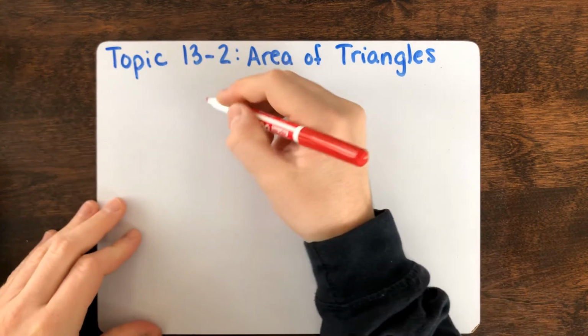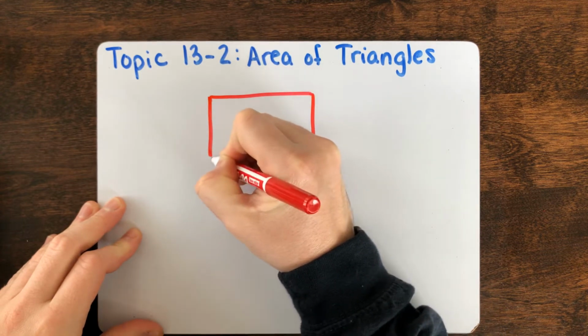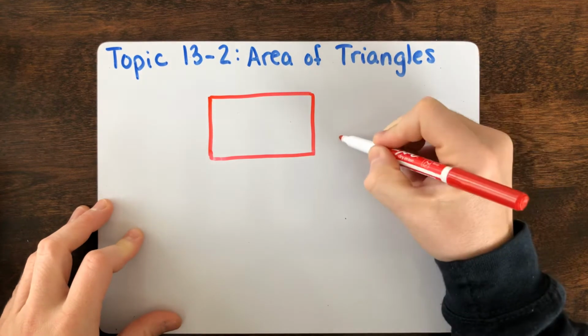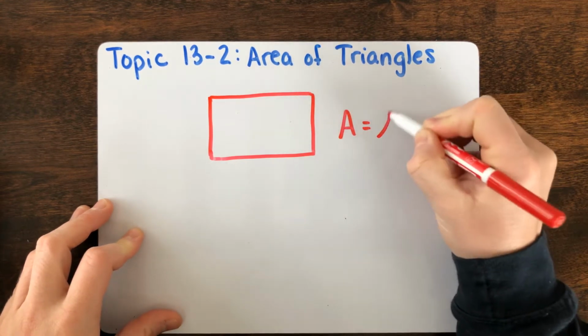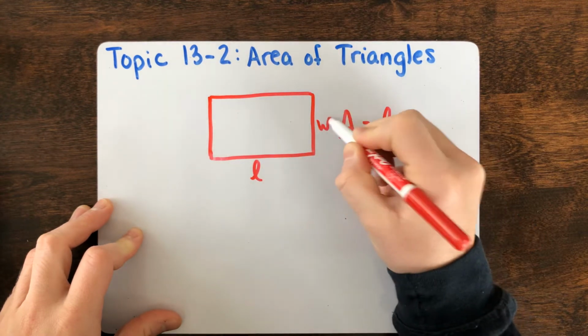So first I talked about the area of a rectangle. And we said that the area of a rectangle is length times width.